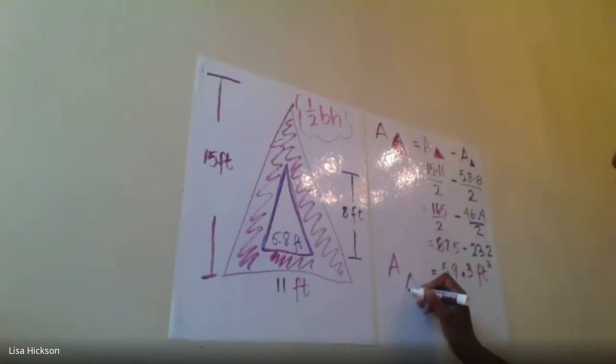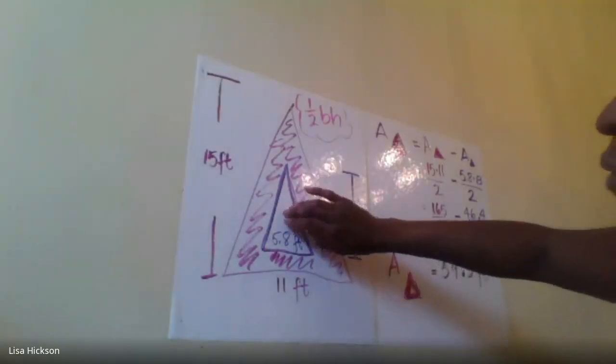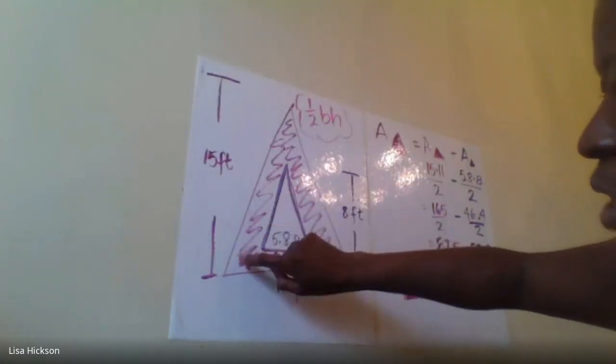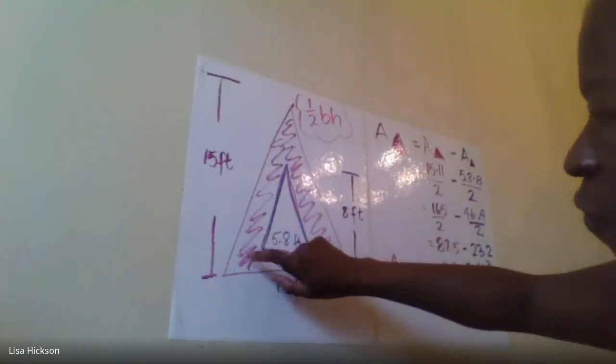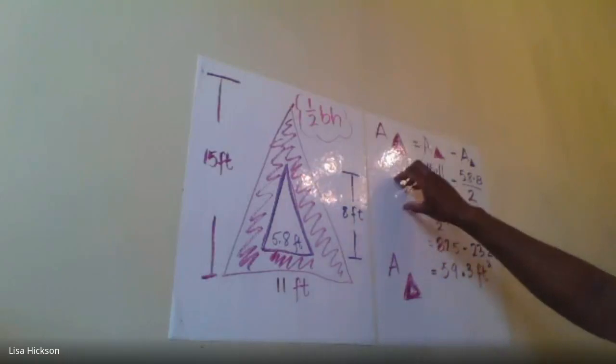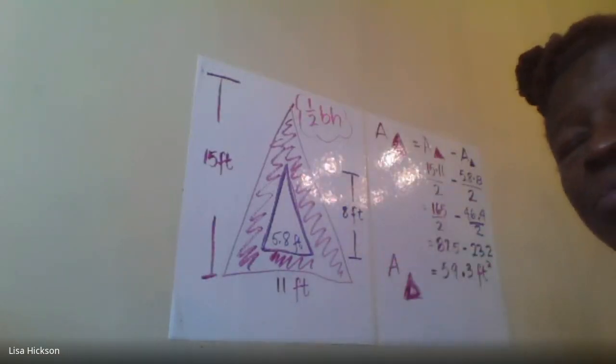So the area of just the shaded region is 59.3. Exactly. So you could have been making a fish pond, but you wanted people to be able to walk around the fish pond and see your fish. And this was the shape you created. So again, interior designers, carpenters to be, these are the things that you might have to use in real life.